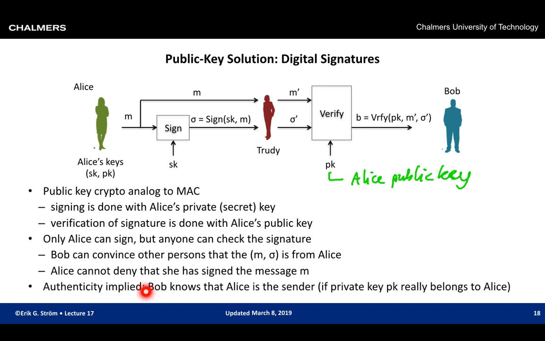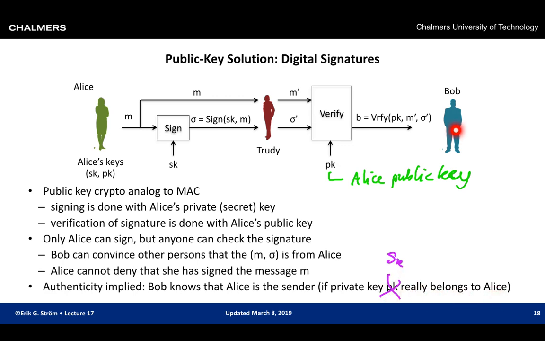All right, authenticity is implied here, and that is because Bob knows that Alice is the sender, because she's the only one that can sign this, under the assumption that the private key, which is not PK, it is SK, sorry for that, actually belongs to Alice.